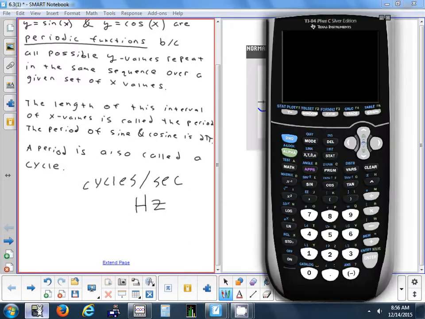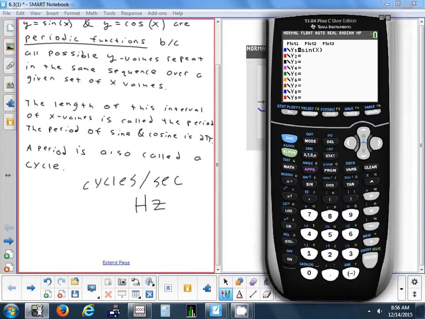I didn't show you cosine, but let's just look at that compared to sine. Can anybody describe the difference between sine and cosine? I think it's the same width.